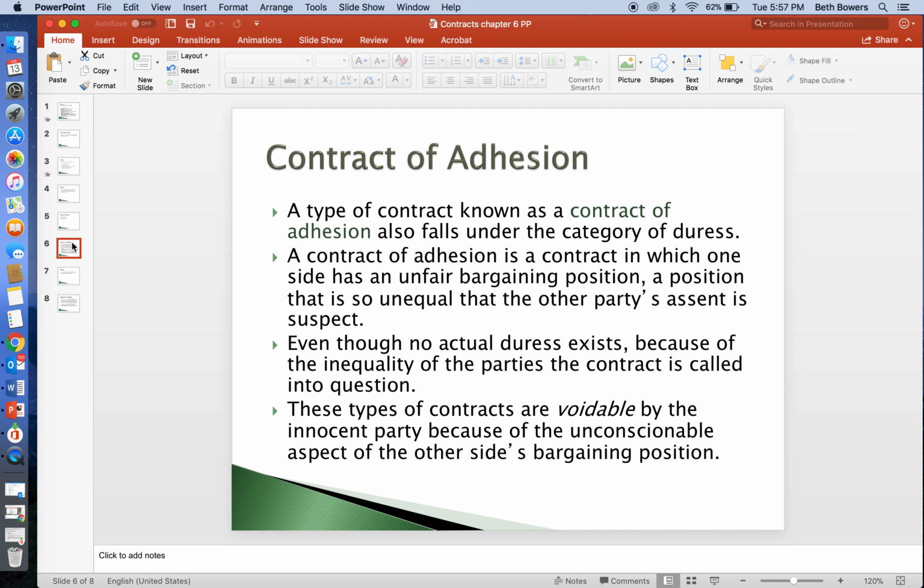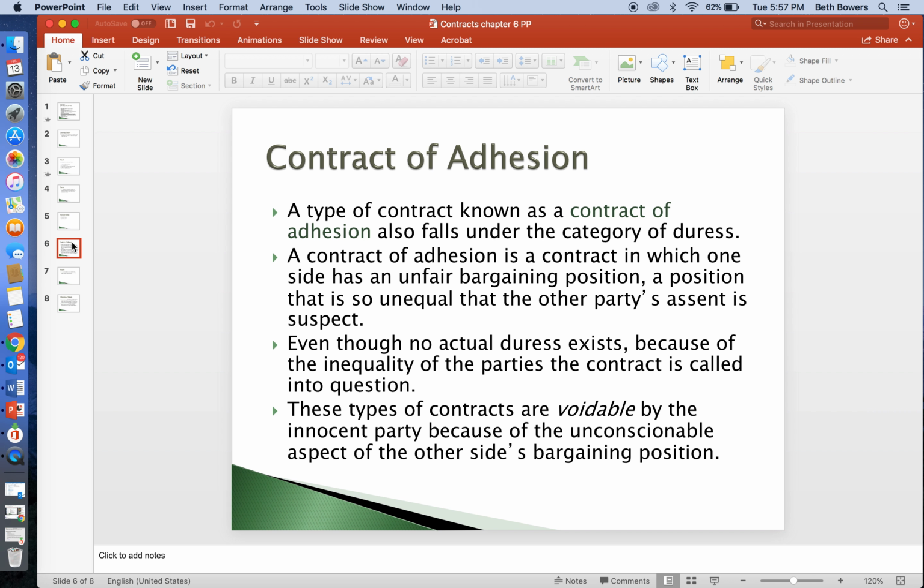But if someone were to look at it and say, wait a minute, this is the arrangement between these two parties, one who has a lot of power and one who has no power, there's no way that this was a valid contract. There's no way that the party with little to no power actually had the intention of entering into this arrangement.